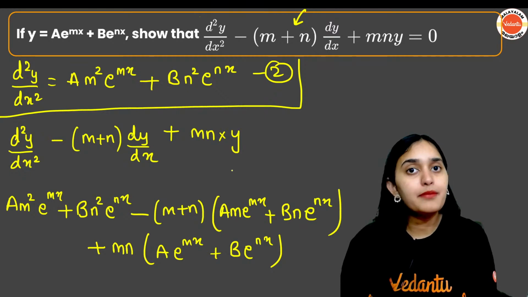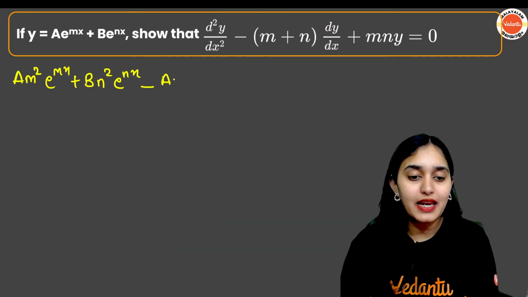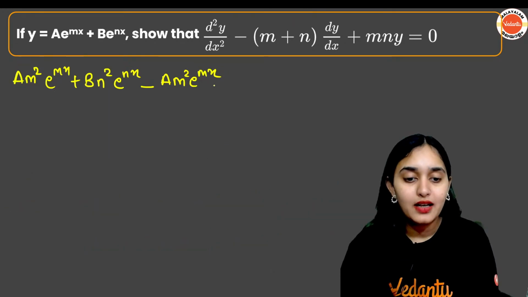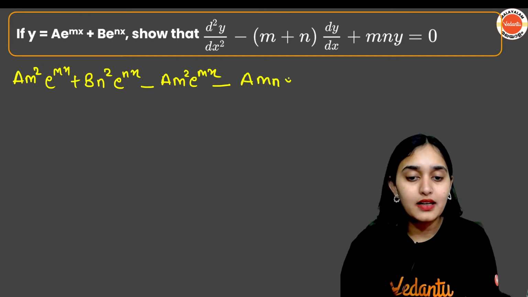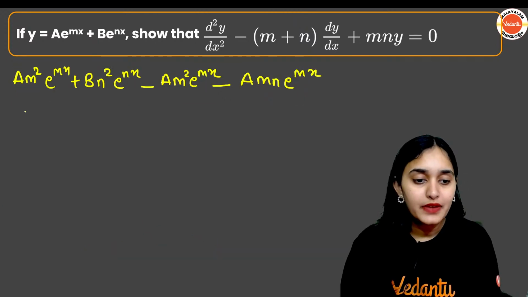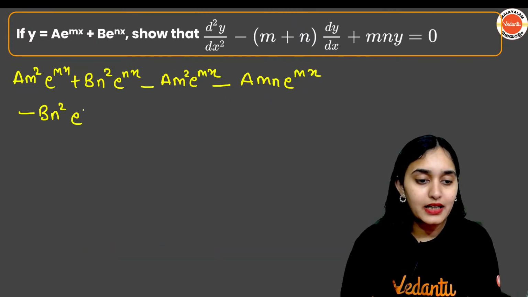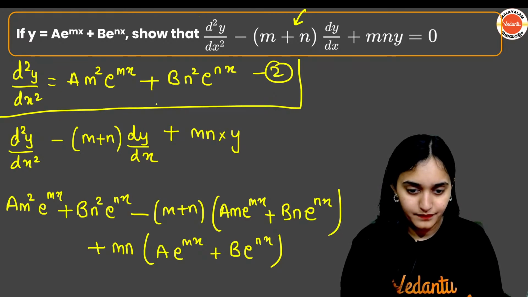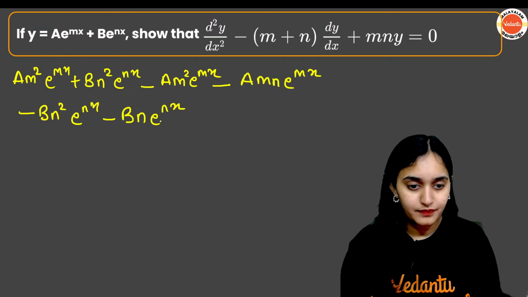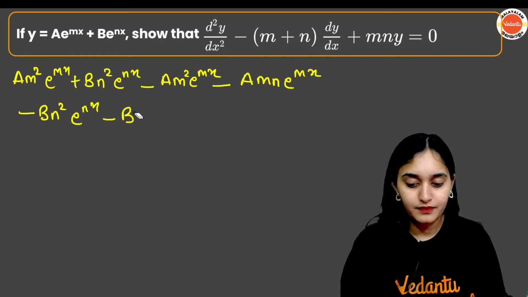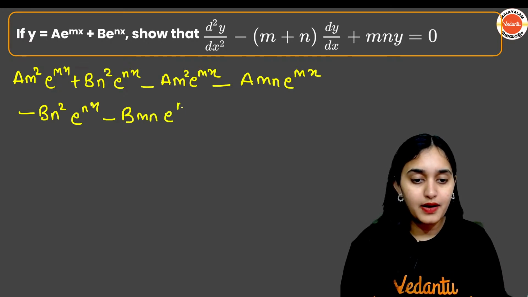See, m into m square, so minus a m square e to the power mx. M into n will be mn, minus a m n e to the power mx. Similarly, bn multiply with m will be minus bn square e to the power nx, and minus bmn e to the power nx.